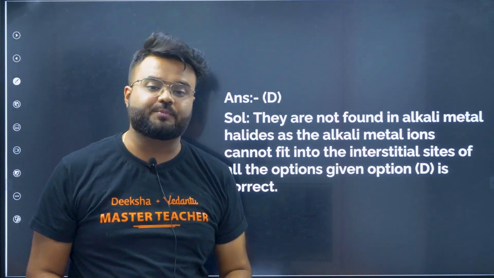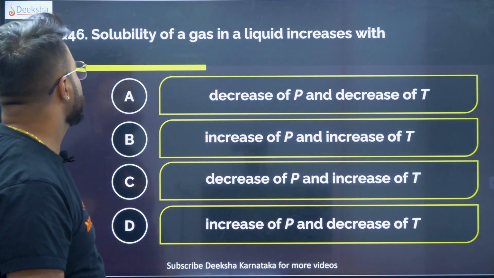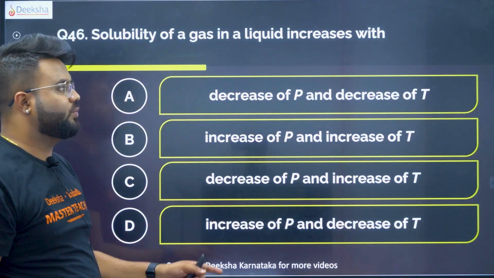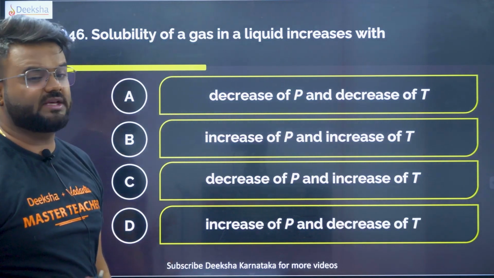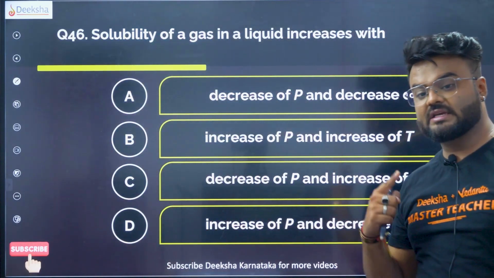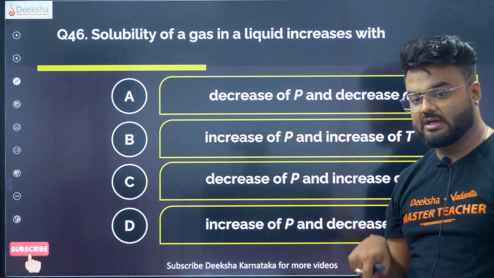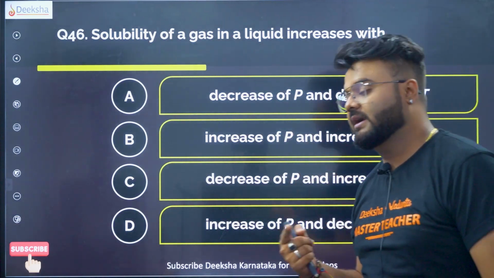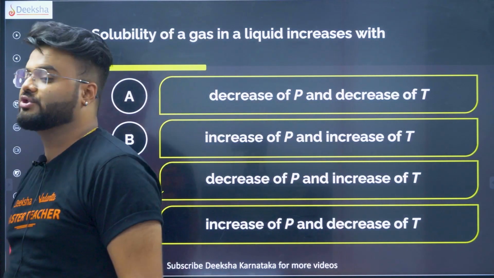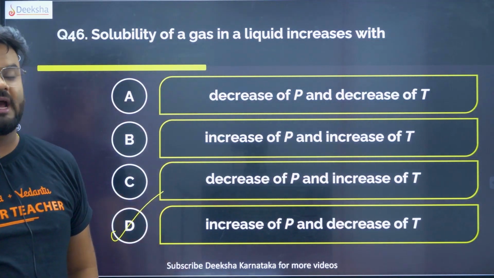So of all the options, D is correct. Clear guys? Now coming back to solubility of a gas in liquid increases with, very simple direct question, that is increases with increase in pressure. If I increase the pressure, the gas will dissolve in the liquid, and decreases in temperature. Therefore, option D is your correct answer. Option D will be your correct answer, guys.